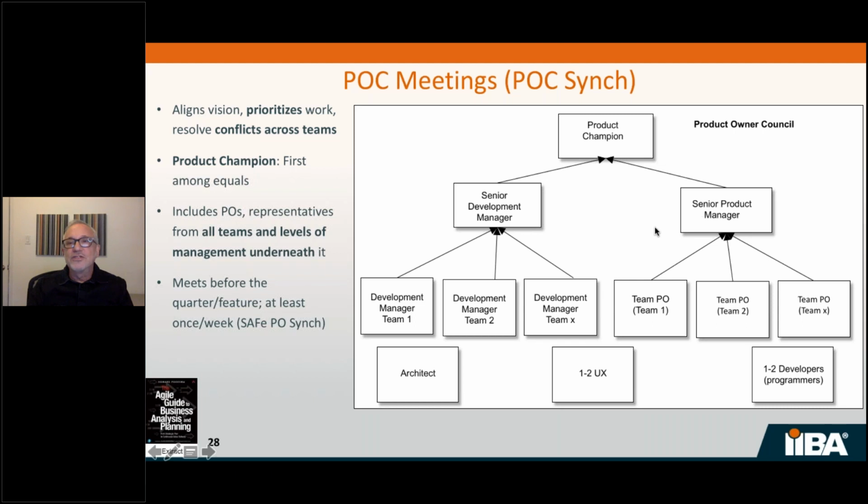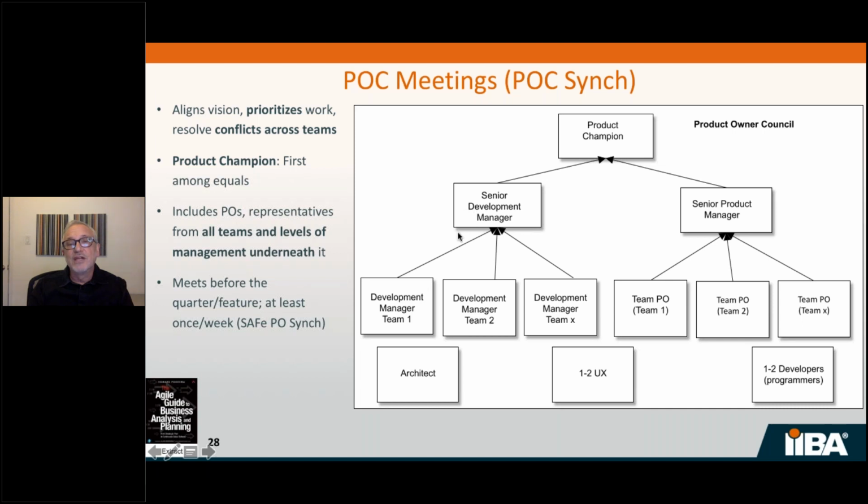And so you'll see a sort of a leveled idea here. We've got a number of teams, each with its own team PO or proxy PO, and then there is a senior person above all of those who acts as the senior PO. I refer to that person here as a senior product manager, but again, the names may differ. Similarly, across all of the teams, each team has a development manager with this particular scheme who is helping to organize the work of the developers within the team.